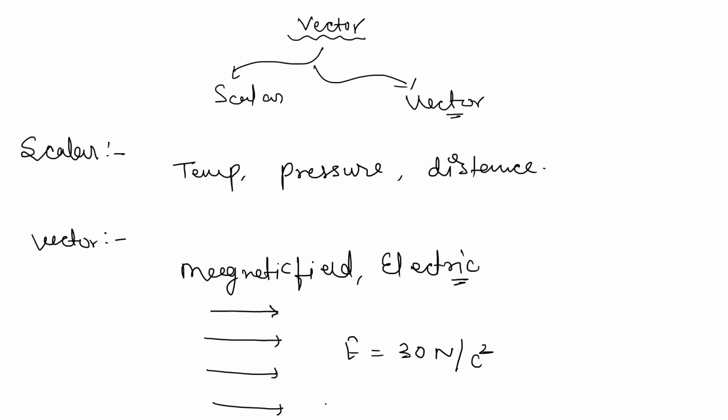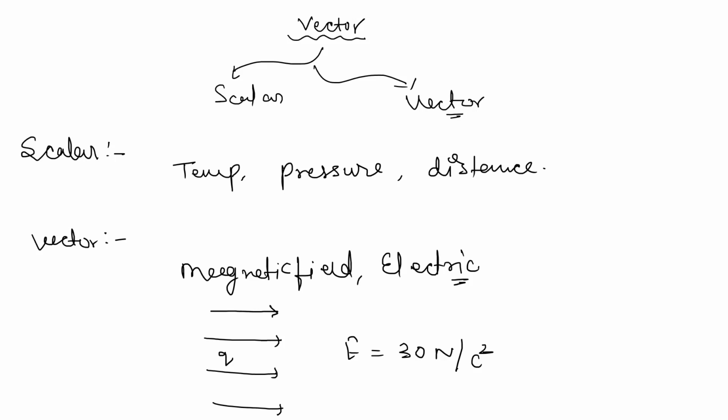Now, in an electric field a charged particle is there, and the question is what will be the magnitude of the force experienced by this charged particle. Another question is what is the direction of the force applied by a magnetic field on a charged particle. That question we can answer only by using a vector field. That's why electric and magnetic fields are vector fields.